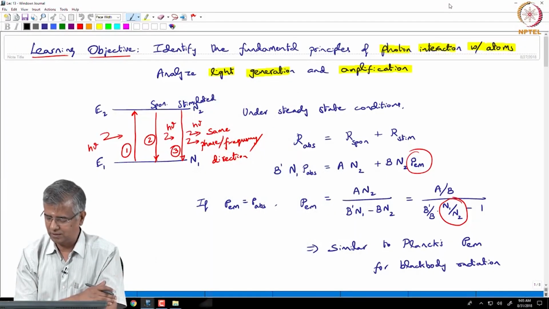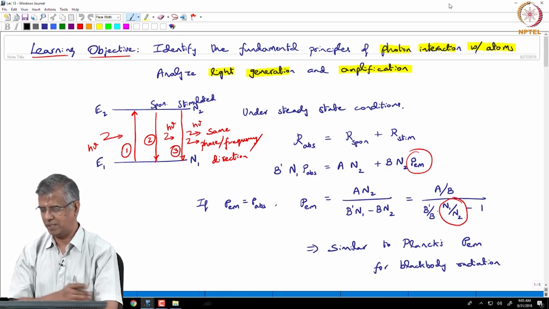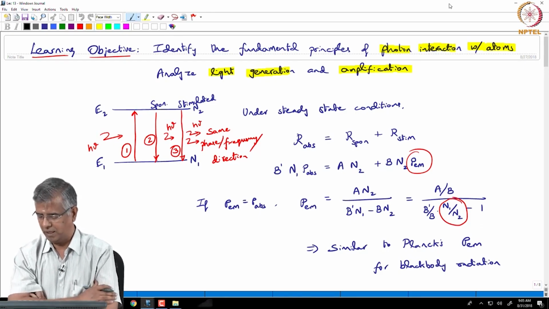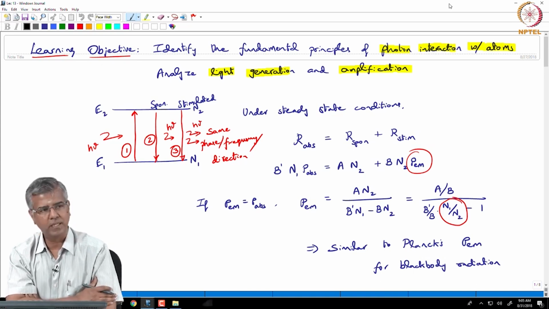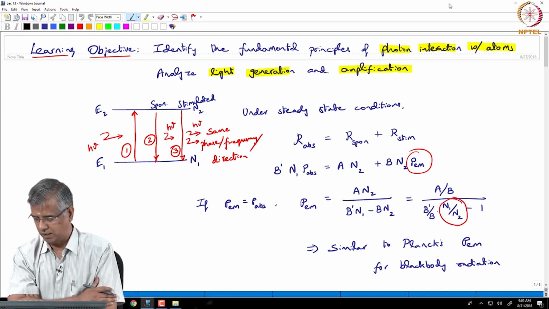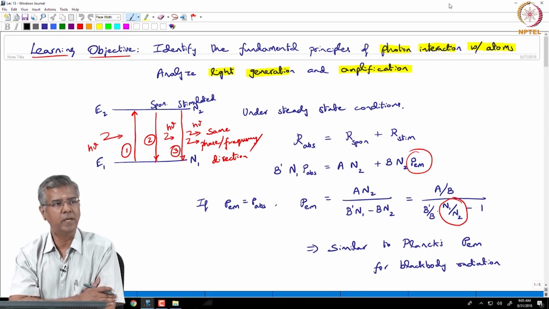Just to give a quick recap, we started with looking at an elementary system consisting of two energy levels. We were tracking all the different processes between those two energy levels: absorption, spontaneous emission, stimulated emission. And then we were trying to quantify this emission probability density, which is representing the stimulated emission term.